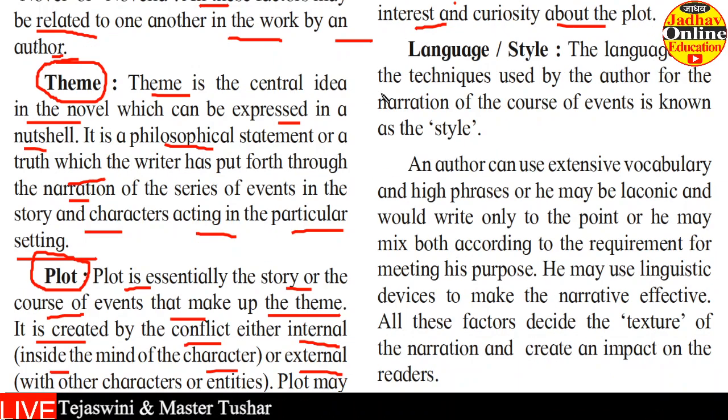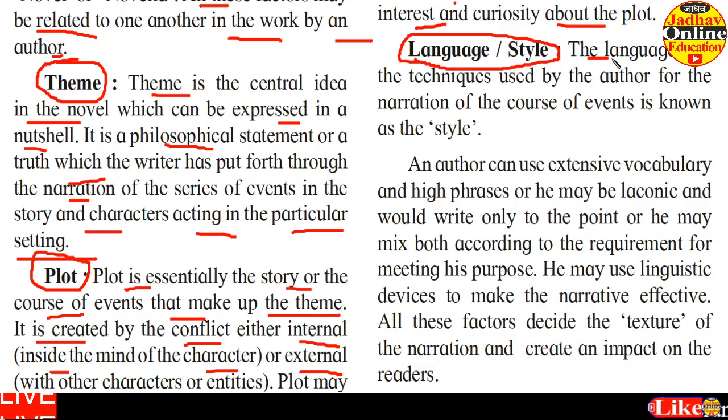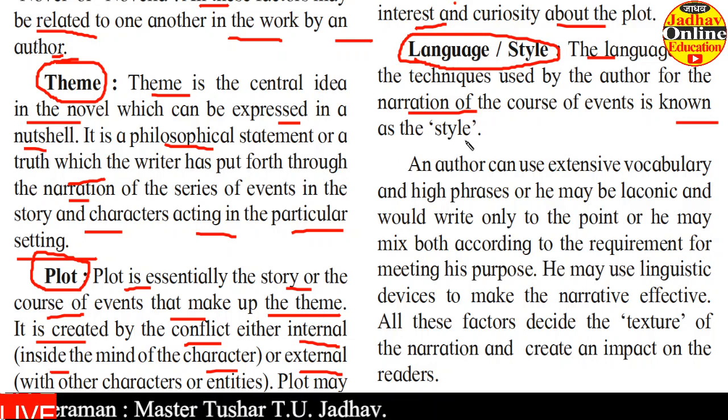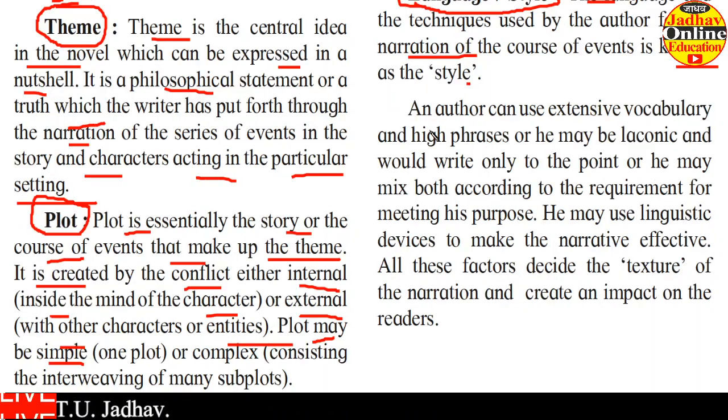Another element of the novel is language and style. The language and the techniques used by the author for the narration of the course of events is known as the style.